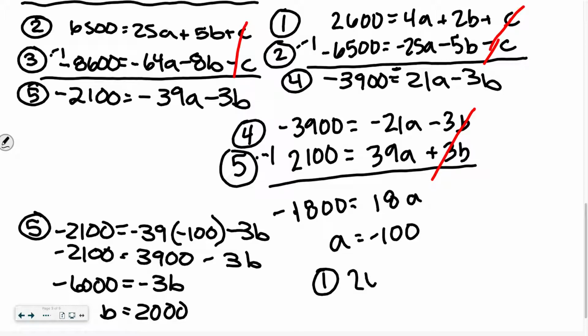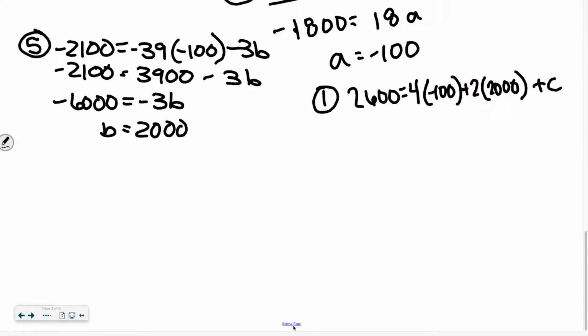So that would be what? 2600 equals 4 times negative 100 plus 2 times 2000 plus c. So that's 2600 equals, this is 4400, so 4400 plus c.